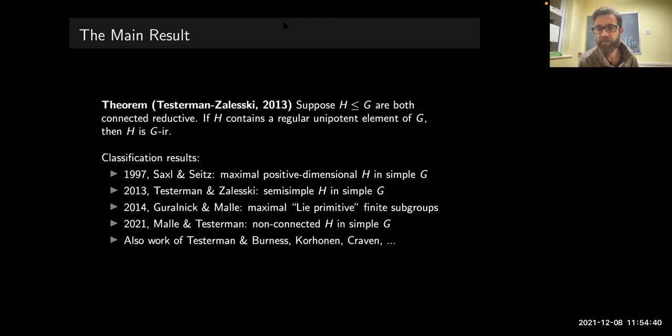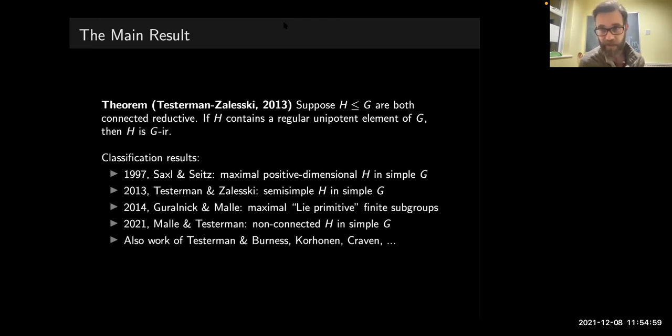Okay, so you can classify within reductive groups, because reductive groups are classified. You can work down, seeing which reductive groups fit inside which other reductive groups, and then you can check whether or not they contain regular unipotent elements.